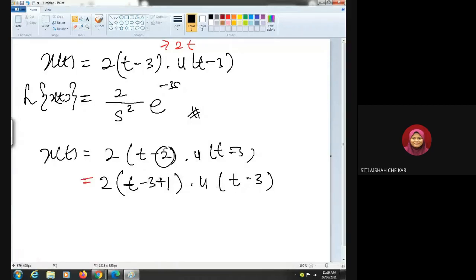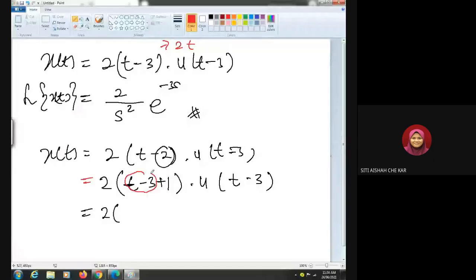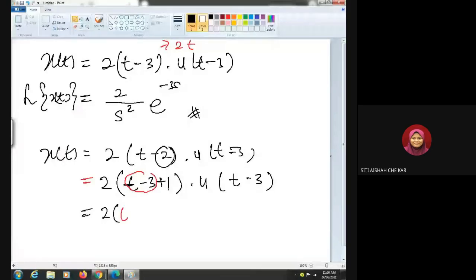Okay, sekarang kita pecah. We separate. So 2. Ini kita buat 1. Ini kita duduk asing. Okay, so plus.